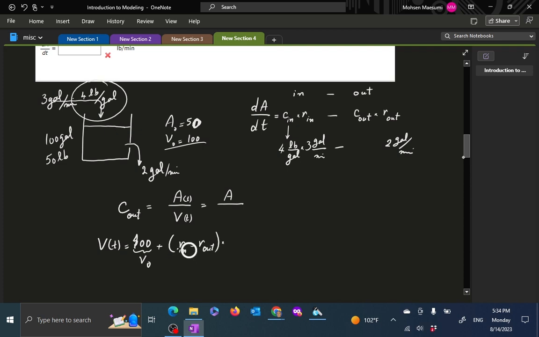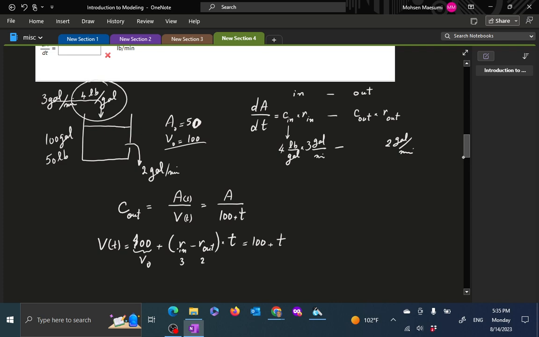So every minute we have 1 gallon added. That's per minute. If you wait t minutes, it's going to be t. So it's 100, this was 3, this was 2, becomes 100 plus t. So the volume is 100 plus t.